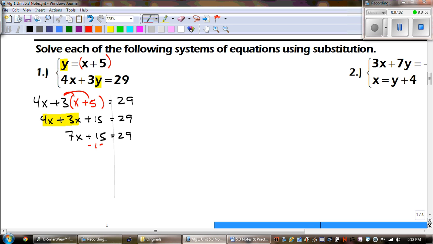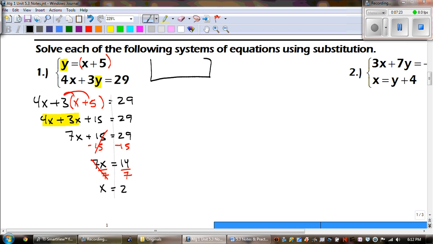And then to solve for x, we're going to subtract 15. We get 7x equals 29 minus 15 is 14. And then the last step is divide both sides by 7. And we get that x equals 2.